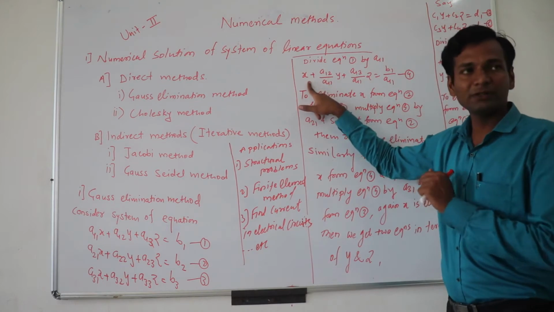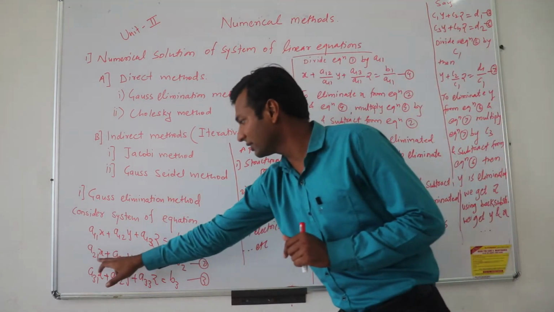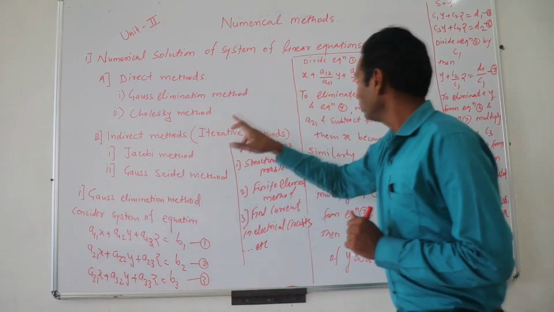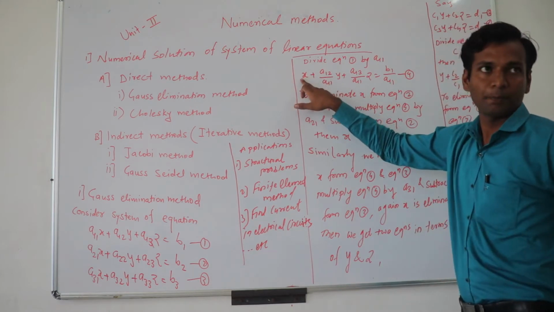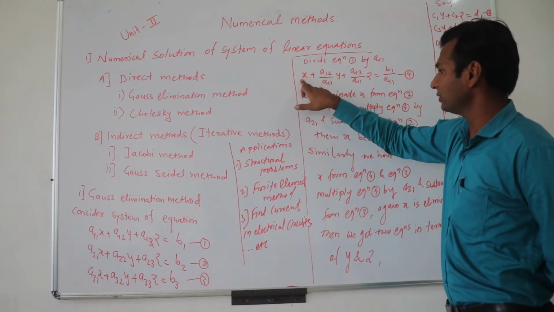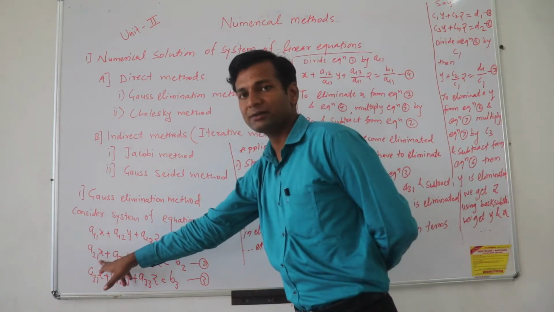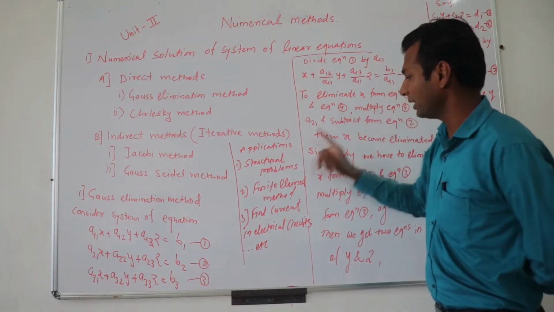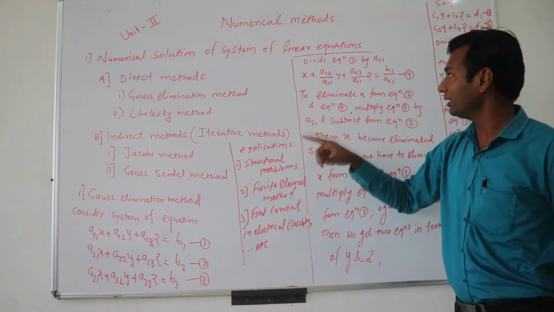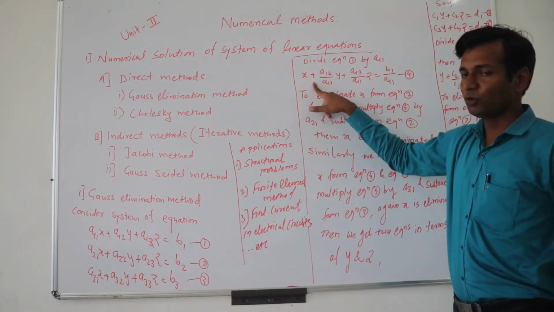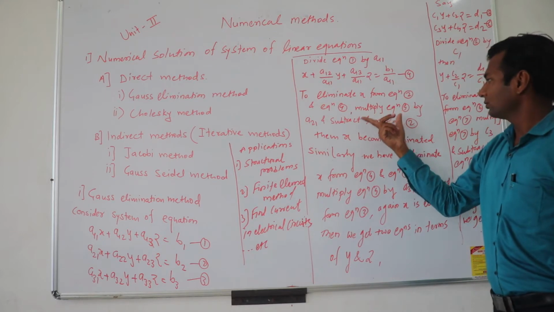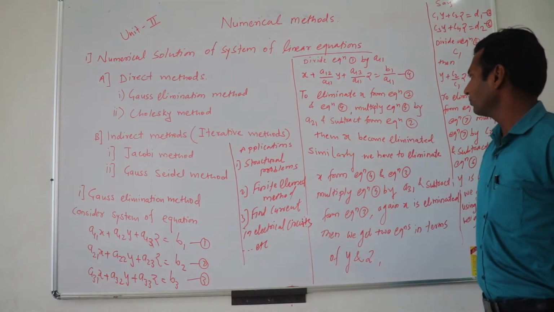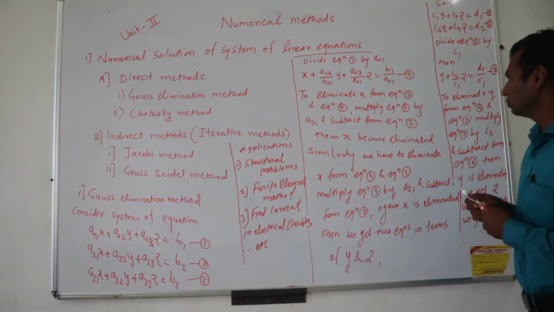The coefficient of x in equation 4 is 1, and in equation 2 it is a21. So we multiply equation number 4 by a21. Then the coefficient of x becomes the same in equation 4 and equation 2.